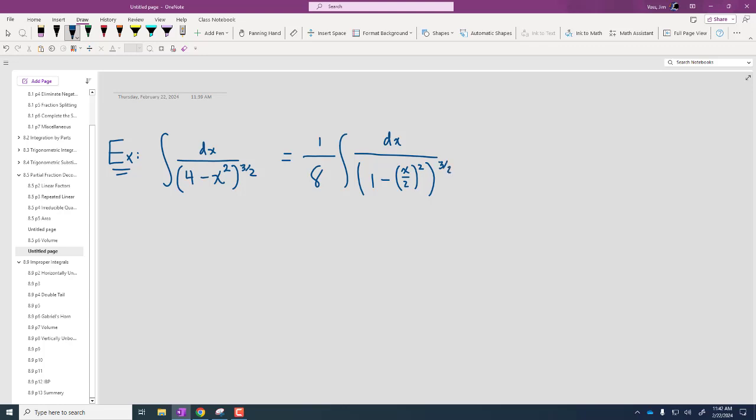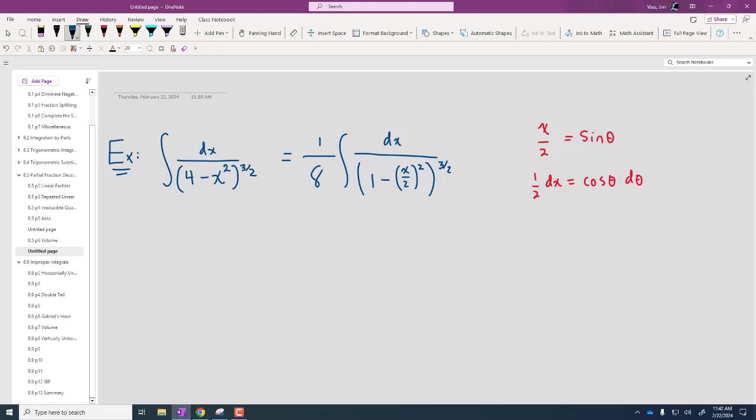And then was the leading one its sine? Yep, so we have a difference of squares with a leading one, so we're gonna go with sine. So we are gonna say that x halves is equal to sine of theta. And then we take our derivative. So there's the derivative.